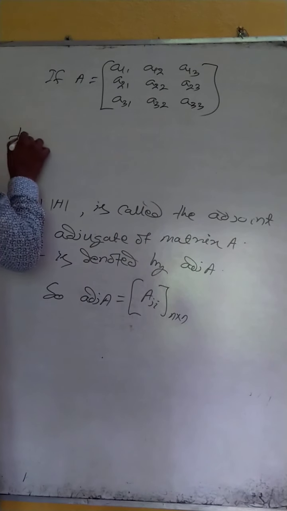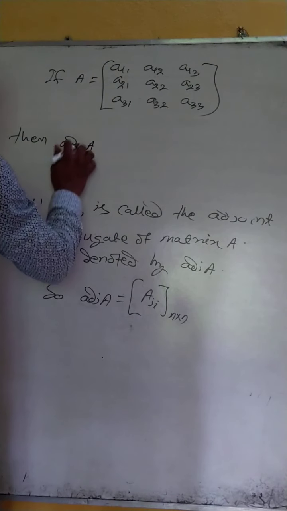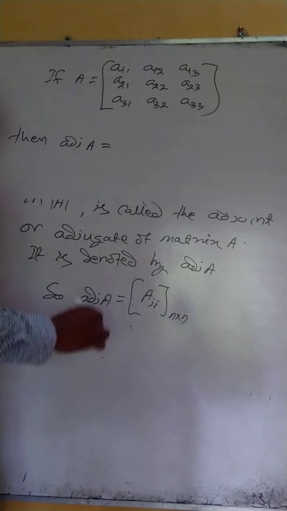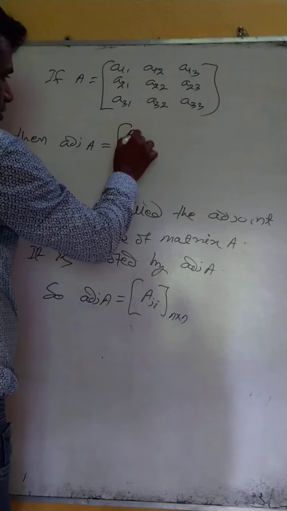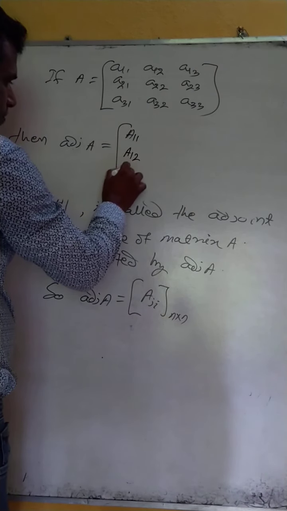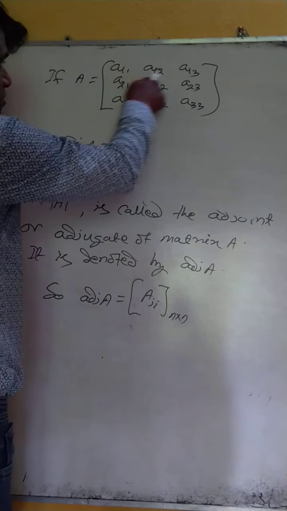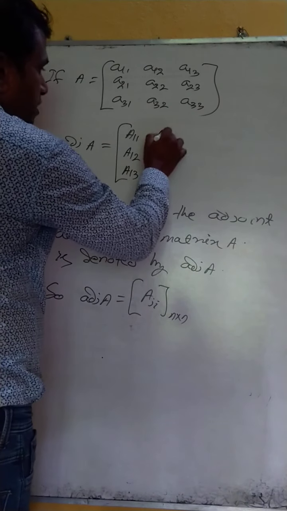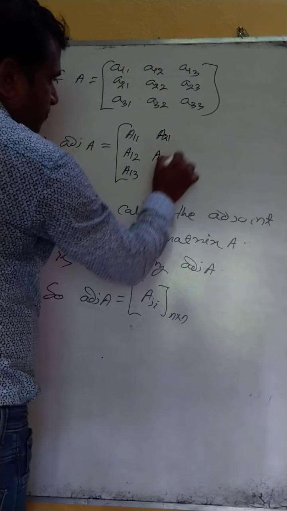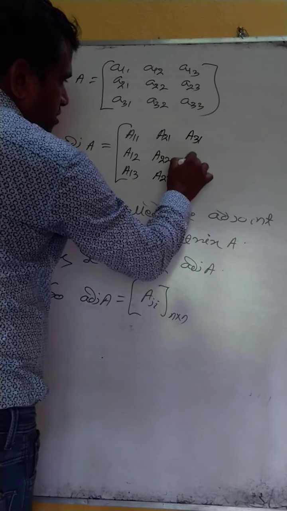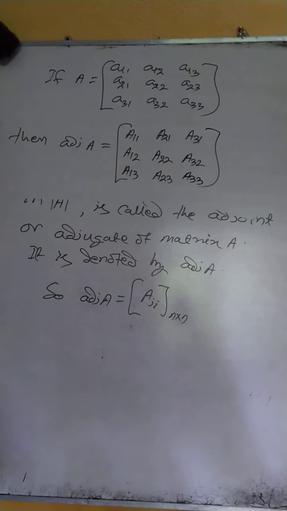Then adj A is equal to [A11, A21, A31; A12, A22, A32; A13, A23, A33], with the cofactors of the first row elements written column-wise. Okay, this is the adjoint of A.